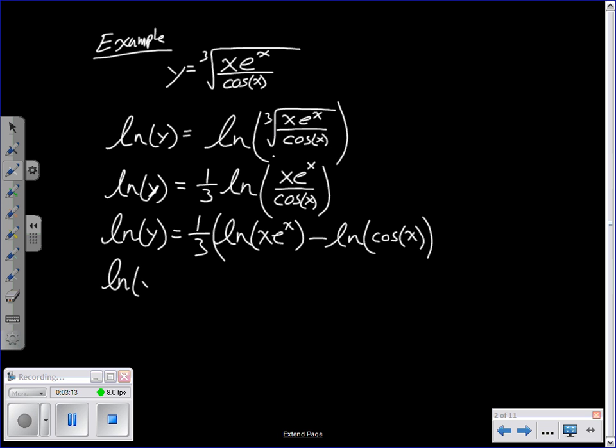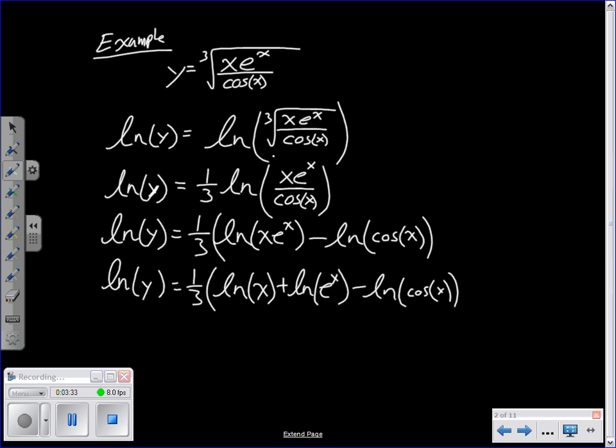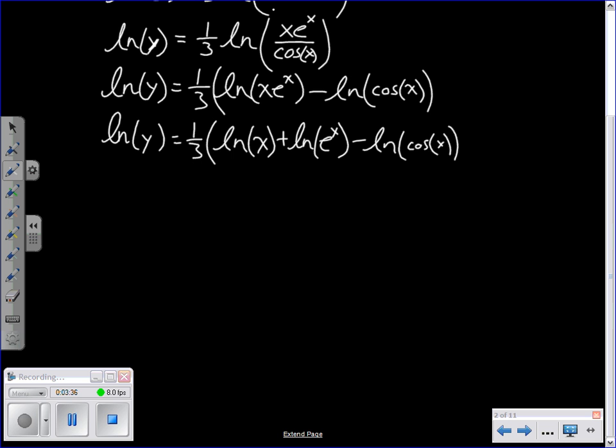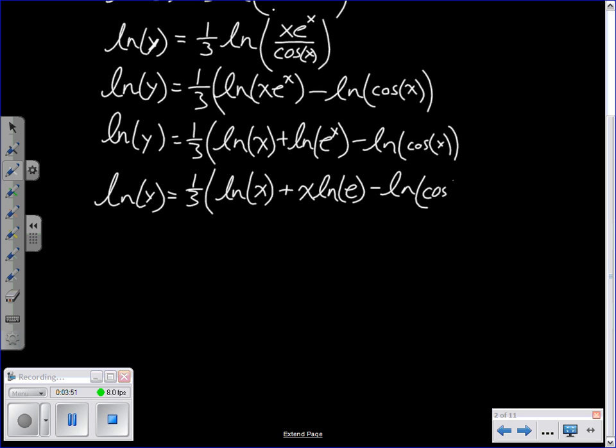So this is natural log y equals 1/3 times natural log of x plus the natural log of e to the x, minus natural log of cosine x. I can simplify this maybe just one more step for convenience. So natural log of y equals 1/3 of natural log x plus x natural log e minus natural log of cosine x. And now I'm ready to find some derivatives.